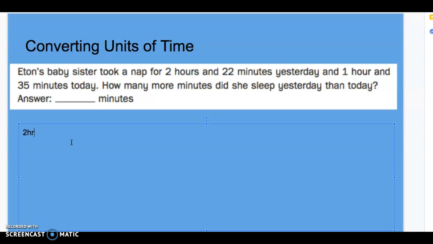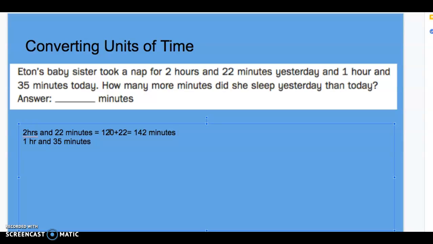So I have 2 hours and 22 minutes, and then I also have 1 hour and 35 minutes. So I know that 2 hours, well, 1 hour is 60, so 2 hours must be 120. So 120 plus 22 would give me 142 minutes.